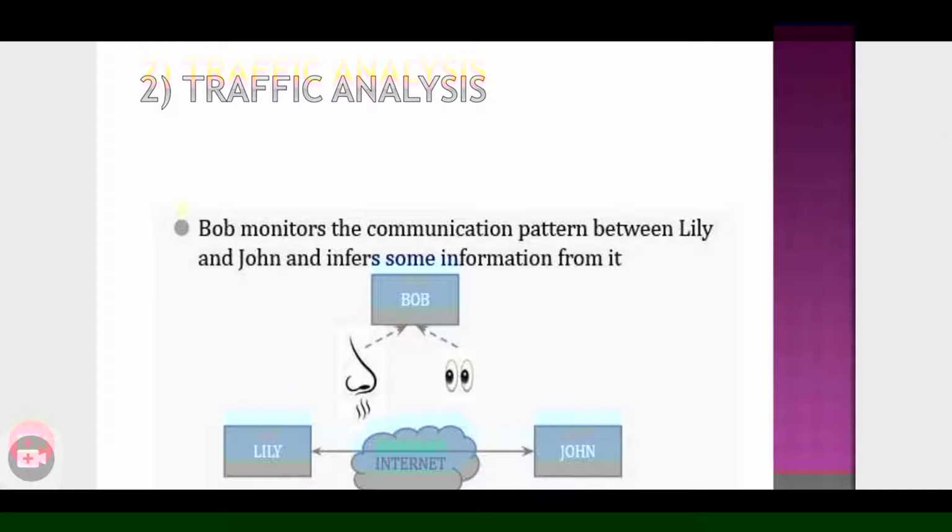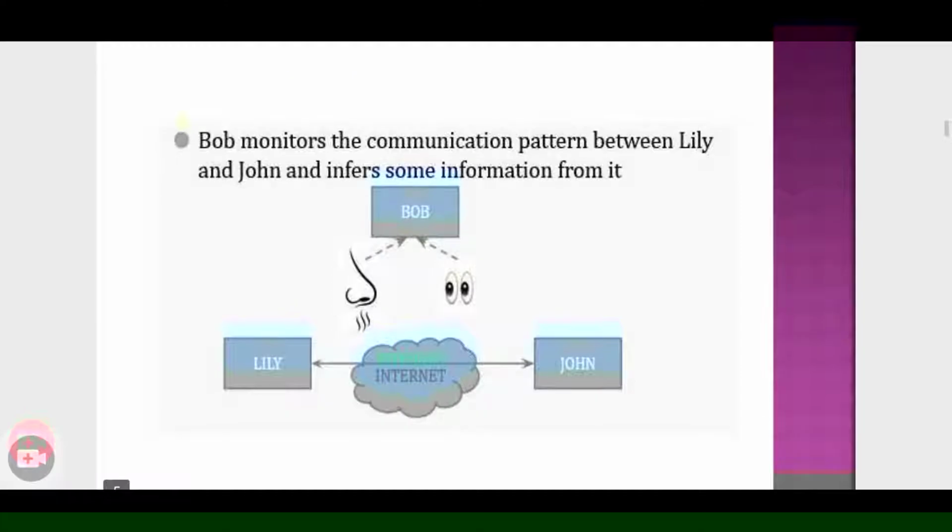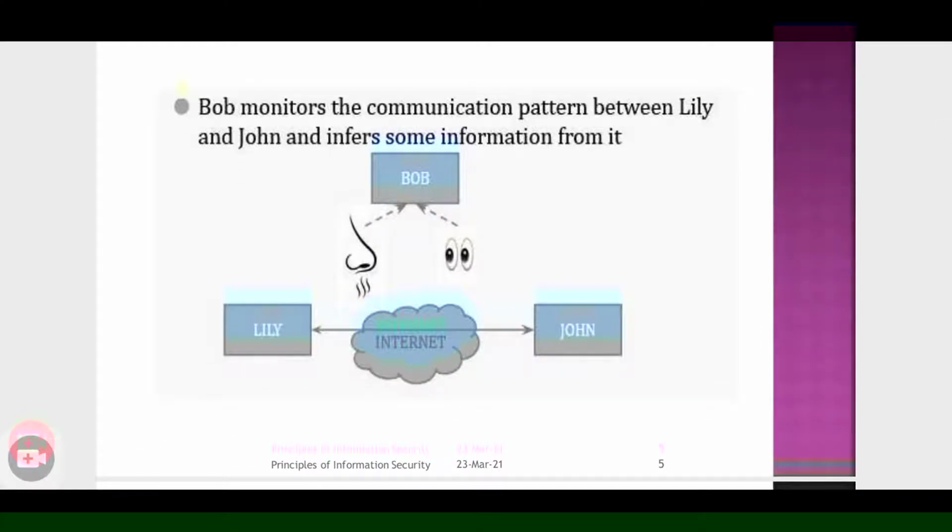The next one is traffic analysis. Here you can see there are three users, Bob, Lily and John. Bob monitors the communication pattern between Lily and John and infers some information from it. Lily and John are connected through the internet and passing information between them, but Bob is an attacker or a hacker.